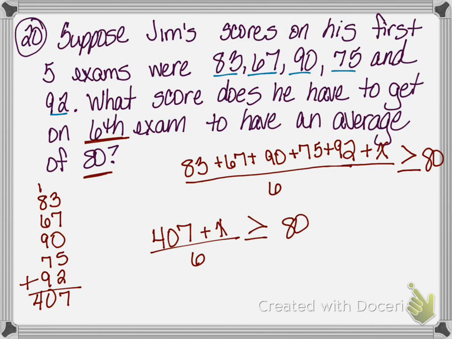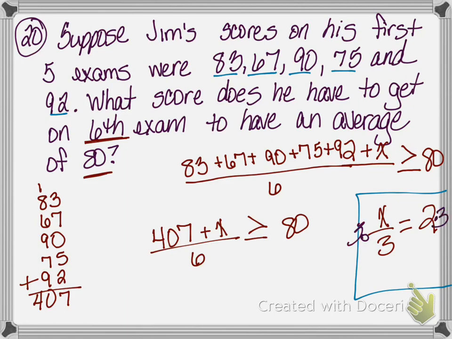Okay, now you need to think about, what if I had x over 3 equals 2. How would I solve this problem right here? What would I do to get x by itself? And my answer is I would multiply both sides by 3.